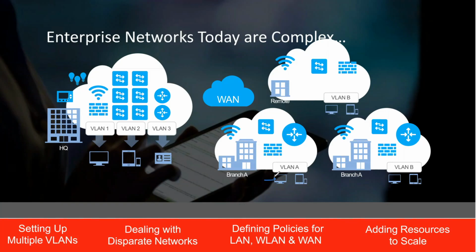One is wired, next is wireless, which to keep it simple we will call WLAN, and one is WAN, but instead of considering it as WAN, we will consider it as the VPN traffic, where users connect remotely and they get access to the services in the data center.